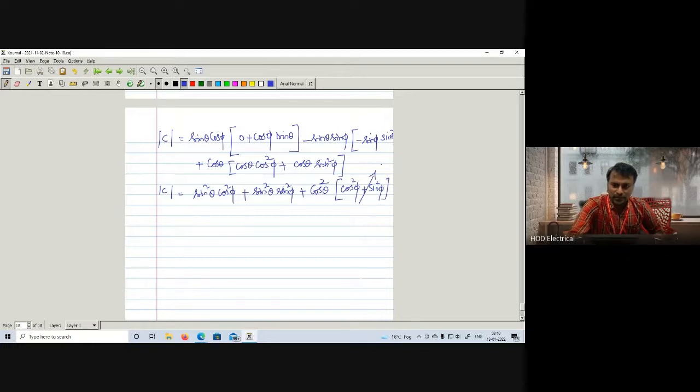Cos square phi plus sin square phi we know is 1, so we can take sin square theta outside. This magnitude will be 1, and finally sin square theta plus cos square theta equals 1. So the determinant of the C matrix is equal to 1. Therefore, C is an orthogonal matrix.